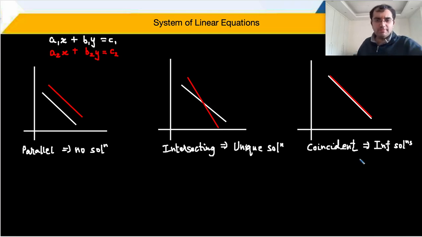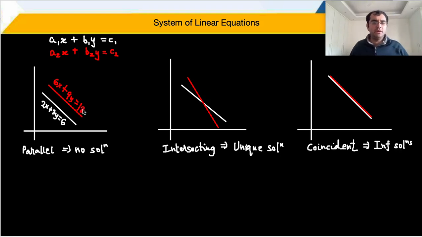Right? Let me put in some examples for this. 2x plus 3y is equal to 6, and 6x plus 9y is equal to 18. Just an example of two lines.